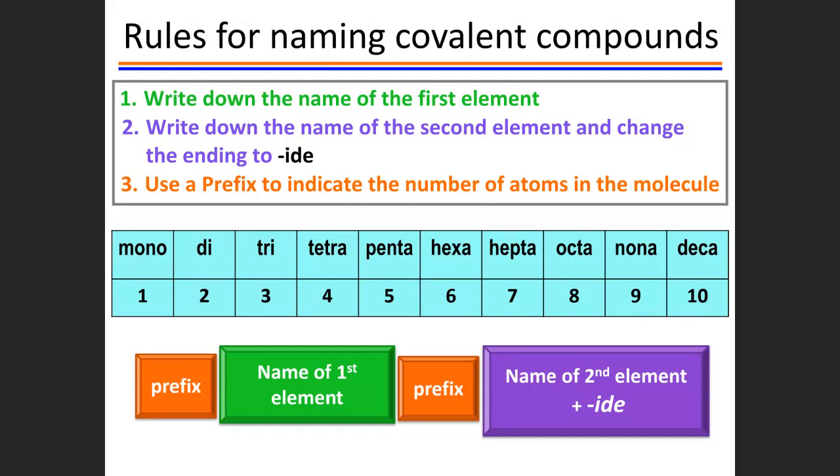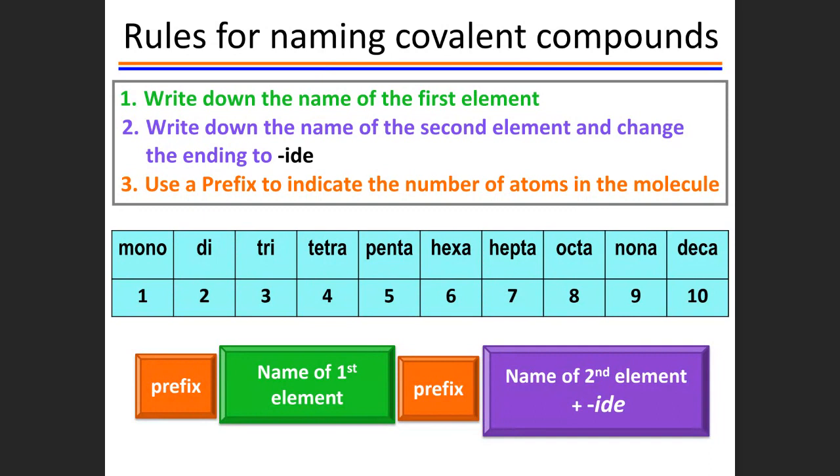Rules for naming covalent compounds. Write down the name of the first element and write down the name of the second, the same way. Use the prefixes: mono 1, di 2, tri 3, tetra 4, penta 5, hexa 6, hepta 7, octa 8, nona 9, deca 10.